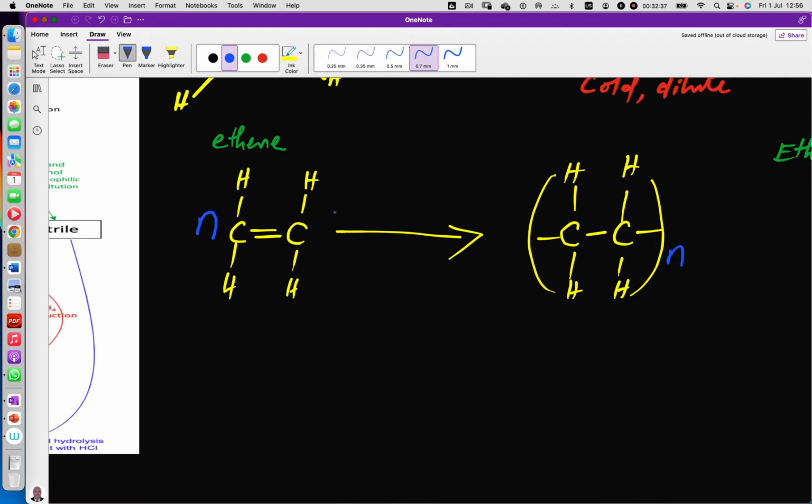So this is an ethene molecule, which is a monomer, and this one is a polymer. We call it polyethene, which is a polymer.